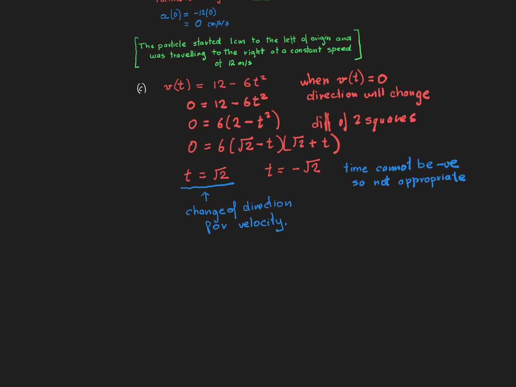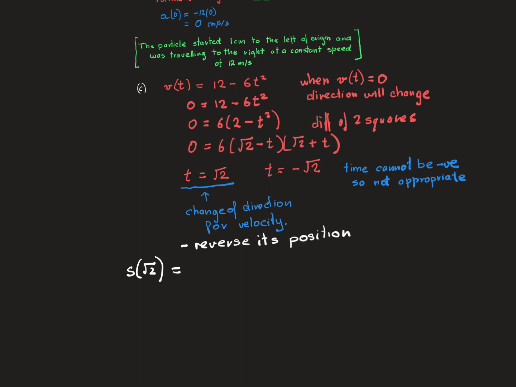So we now know that the particle will reverse its direction at that time. But where is this position? This is the other question that you're asked there. To look at where that position is, we need to now go back into our displacement function and have a look at it at that particular time.